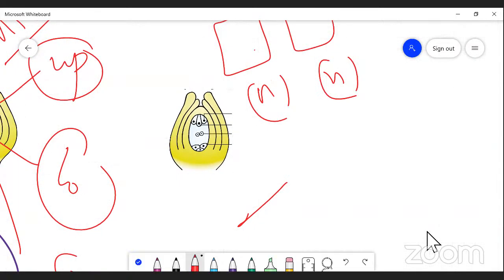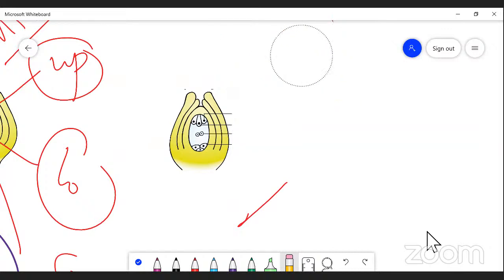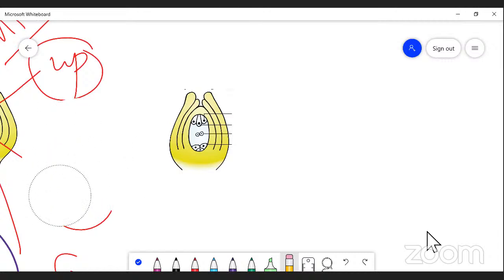These 8 nuclei are present in a single cell. That is called the embryo sac, you can see, right?